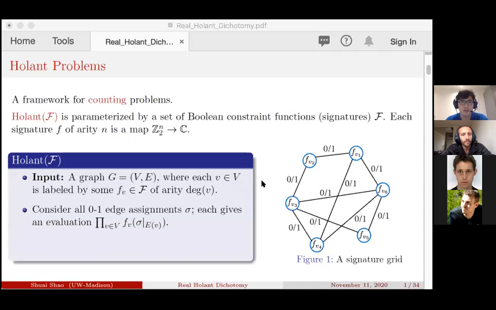For this graph, we consider all 0-1 edge assignments. For each assignment, we get an evaluation, which is the product of the labeled signatures over all vertices. The output of this problem is the sum of products over all edge assignments. There are 2 to the power of the number of edges many possible assignments. So this is the sum-of-product computation.